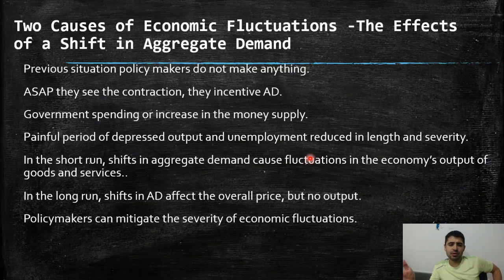In the previous situation, we saw that the policymakers do not do anything. As soon as possible, when they see a contraction, maybe they can incentivize AD through fiscal policy or monetary policy. So they can avoid this painful period of depressed output and higher unemployment, because they can reduce it in length and severity.